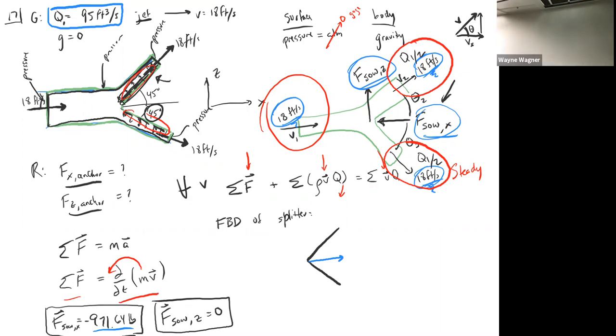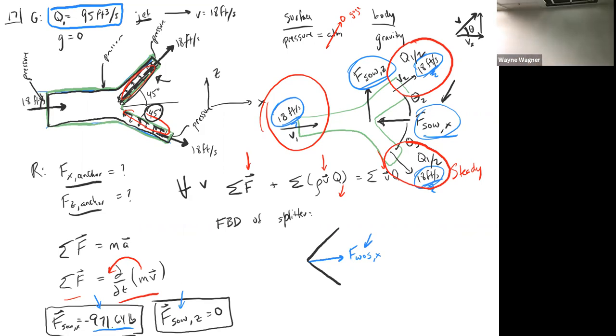This force right here, I'm going to call force water on splitter in the x direction. I flipped the order of my letters to indicate that these two forces are equal and opposite. This one was in the negative direction, so this one's in the positive direction. F W on S in z is kind of irrelevant, so we're not even going to bother drawing that one.